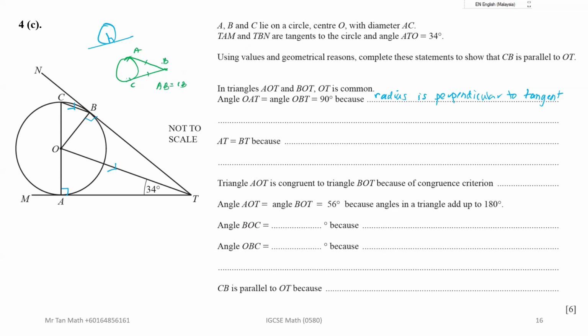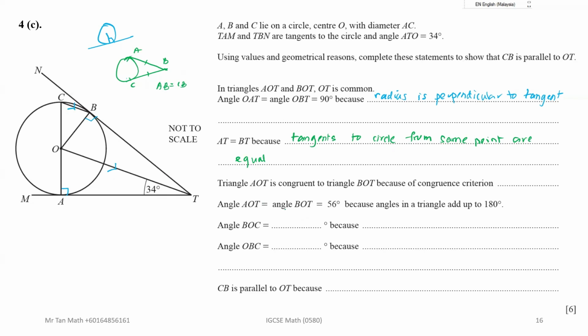So we can say because the tangents to a circle from the same point are equal. So you refer to this line, the tangent line.